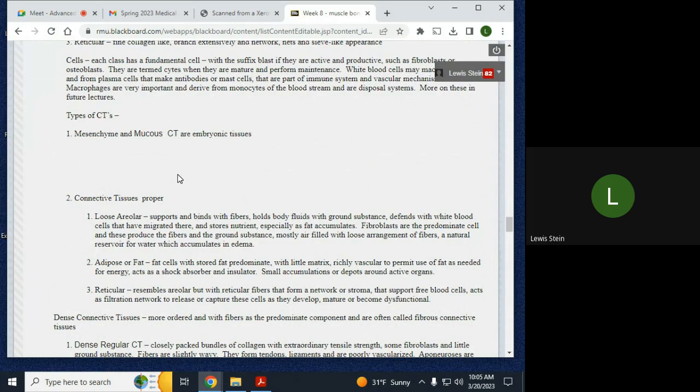Sometimes it boils down to the question: is it a tissue? What does a tissue have to have? It has to have cells, ground substance, and fibers. So it's fairly straightforward in that regard. Those are the kinds of things you should take a look at.